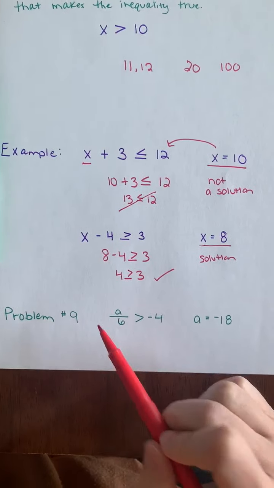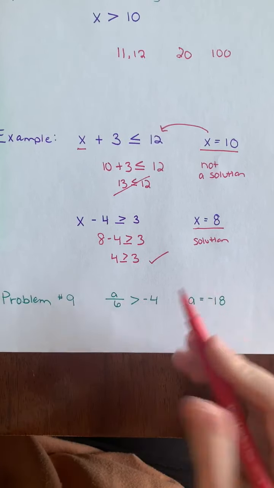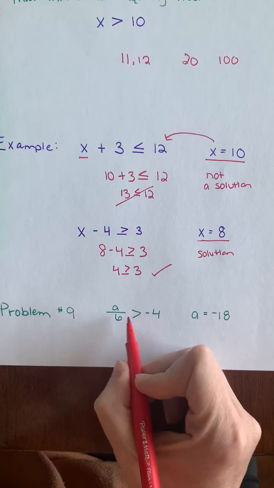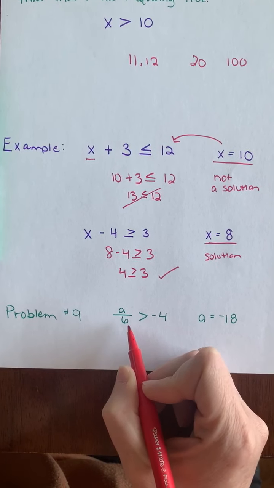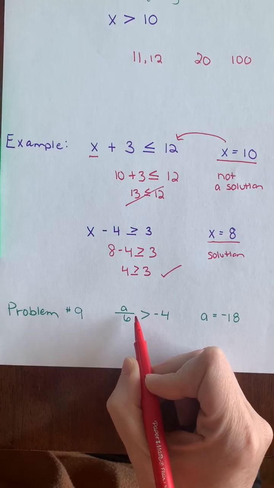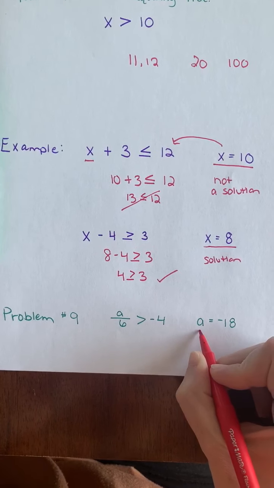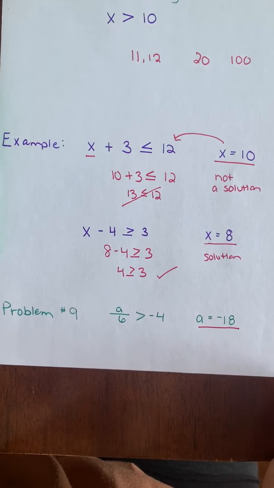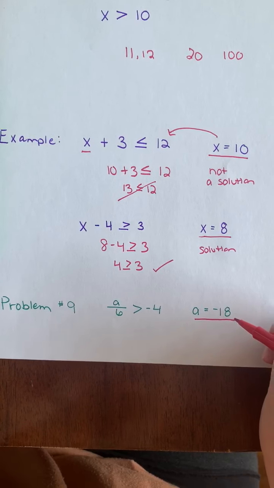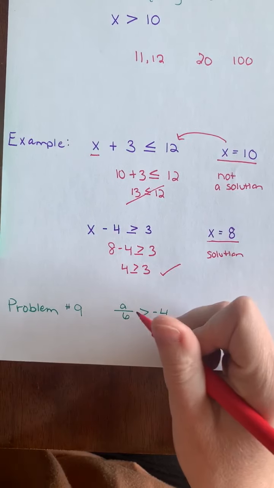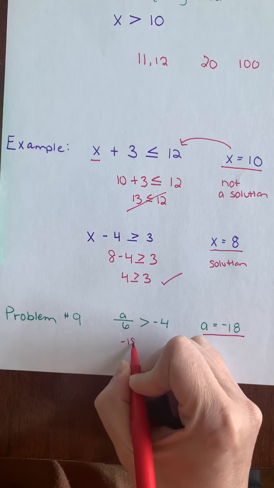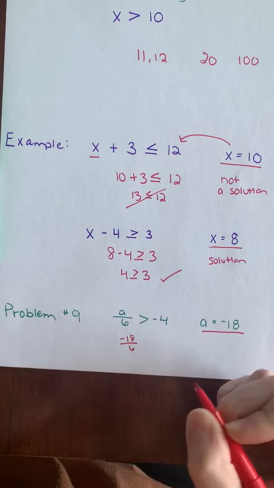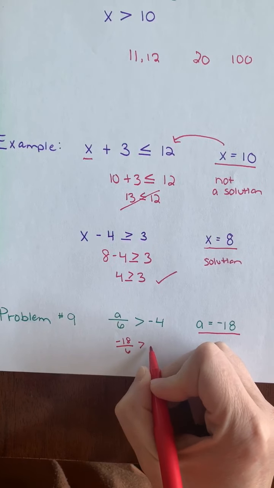On problem number 9 on your worksheet, I chose this one because I want to remind you that this right here, a over 6, is actually a division problem. Remember, this line right here means division. So if I have this as a possible solution, same thing, I'm going to plug in the negative 18 for a. So I would rewrite that: negative 18 divided by 6 is greater than negative 4.